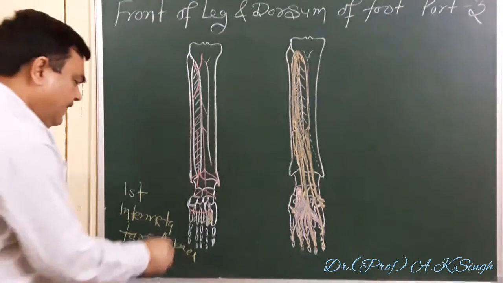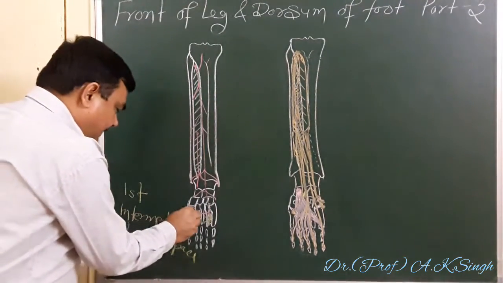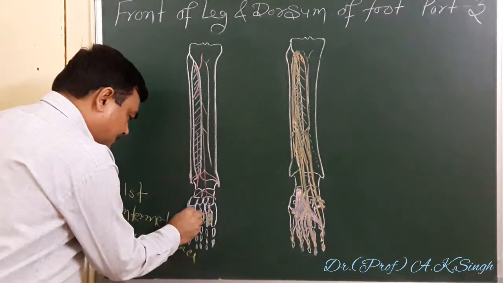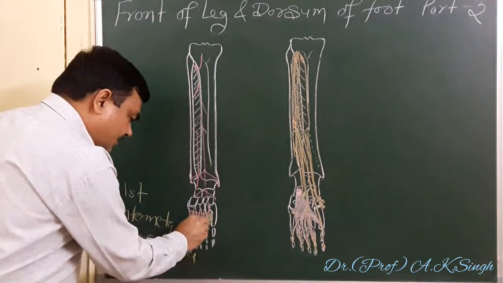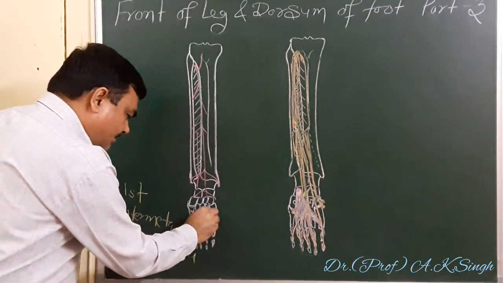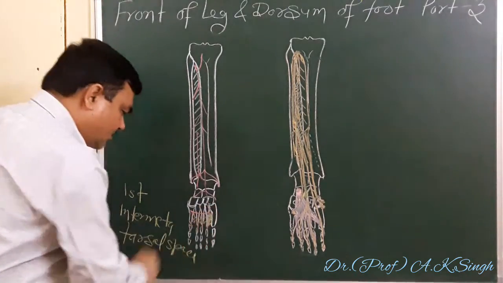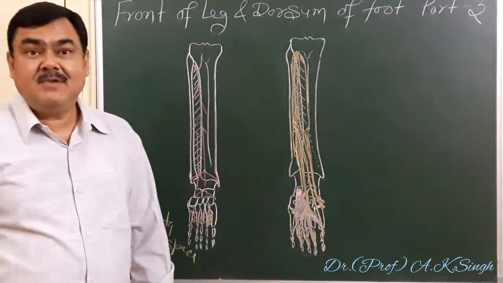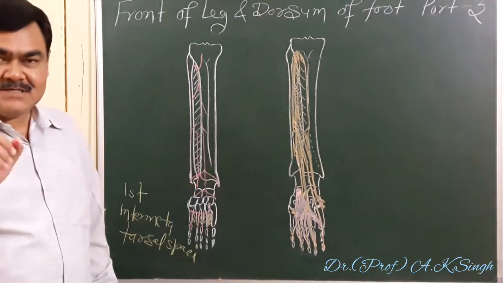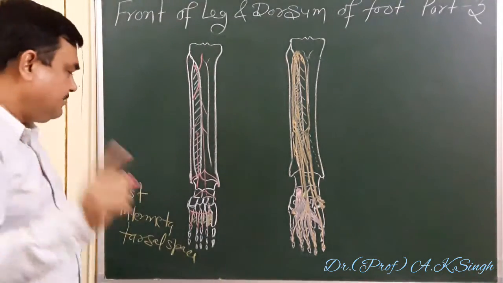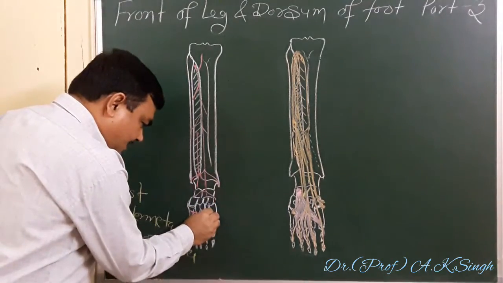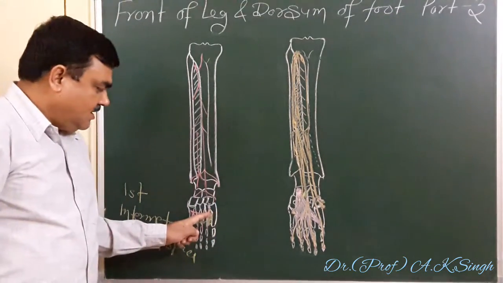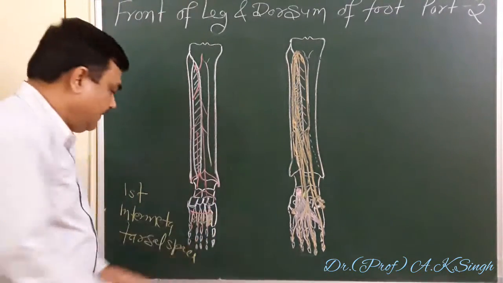This is arcuate artery. Again, arcuate artery gives dorsal metatarsal artery. So these are four dorsal metatarsal arteries. And first dorsal metatarsal artery arises from the dorsalis pedis artery, just before it dips down into the sole.